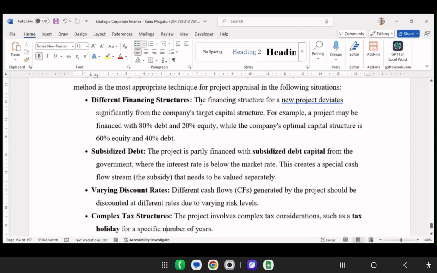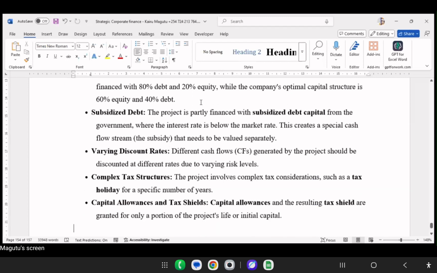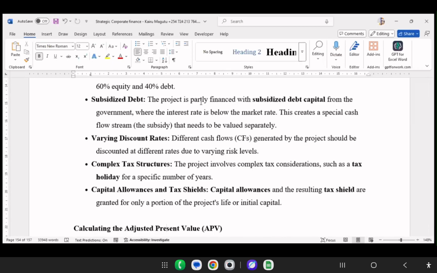Number two, a project is partly financed with debt where the interest rate is below the market rate, that is, a subsidy that needs to be valued separately. What does this mean? It means that you want to raise debt, let's say 100 million Rwandan francs.